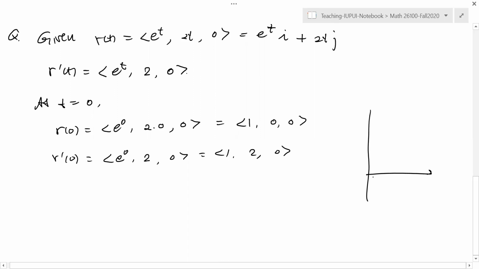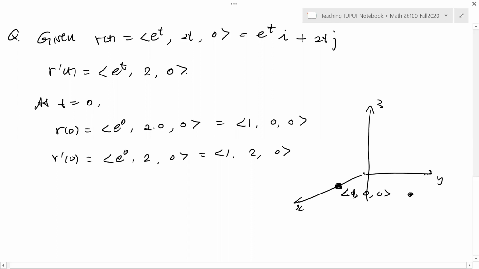I just want to draw the point, okay? 1, 0, 0 is here. So here are the axes, the x-axis, y-axis, z-axis. So this is 1, 0, 0. That's the point. And r'(0) is going to be 1 and 2, right?